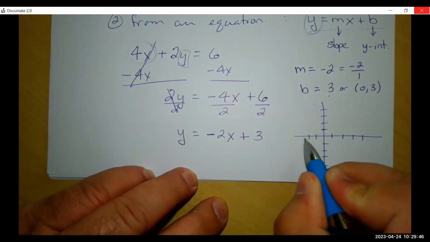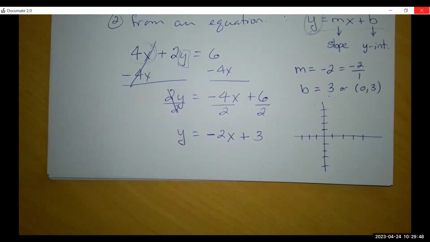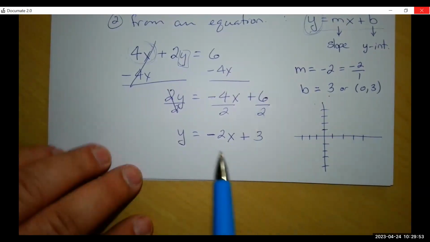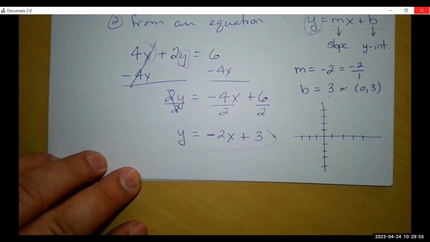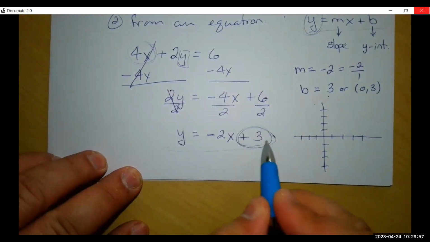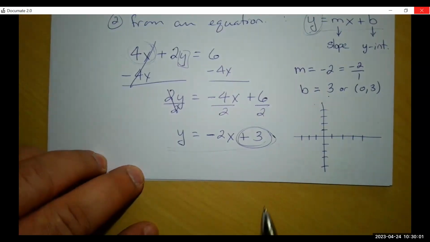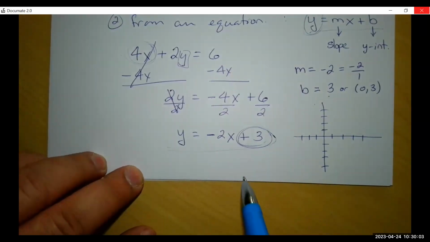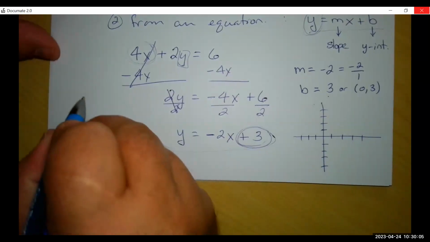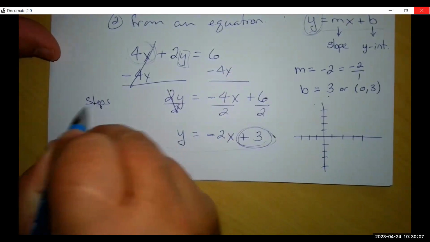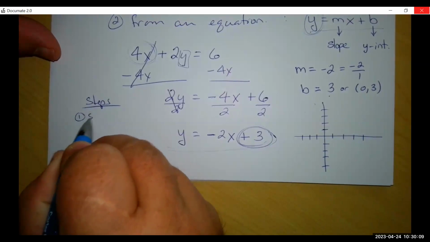Let me draw my graph here. To draw your graph from an equation, from this equation, always plot the y-intercept first. Plot the y-intercept first. Here are the steps. 1.